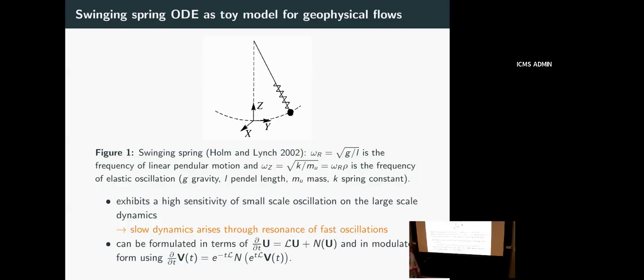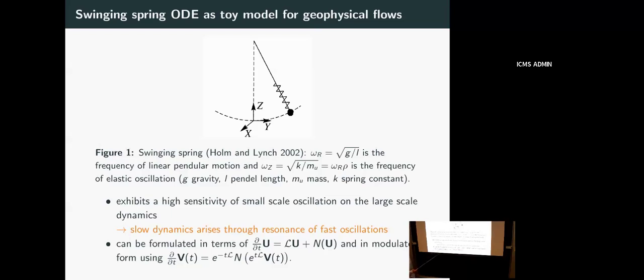It's an interaction between the two frequencies, ωR and ωZ. When you select them nicely, you have a very nice precession. This is a nice model of a geophysical flow, because we have fast oscillations that, by interaction with the slow modes, lead to a large-scale oscillation. So this is why it's an interesting model for us to start.